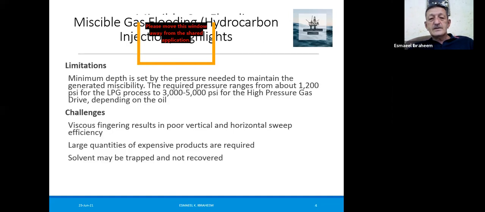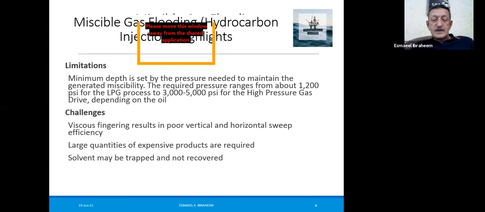Miscible gas flooding has limitations. It requires a minimum depth and the pressure needed to maintain the generated miscibility. The required pressure ranges from about 1,200 psi for the LPG process to 3,000 to 5,000 psi for the high pressure gas drive, depending on the oil characteristics present in the reservoir.